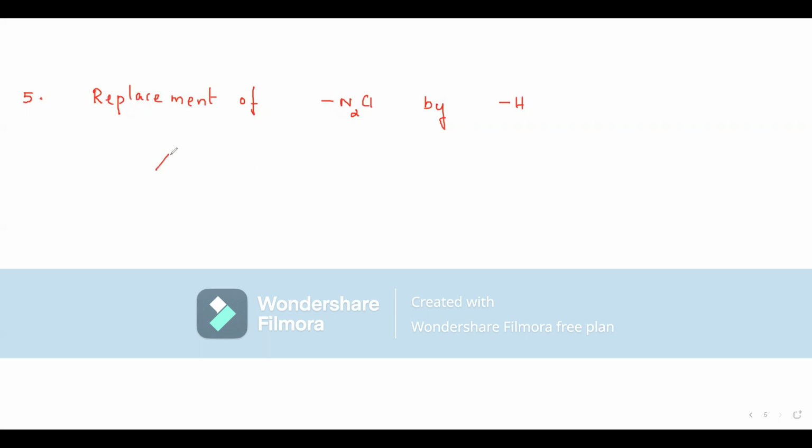So in this, we are taking diazonium chloride, benzene diazonium chloride.